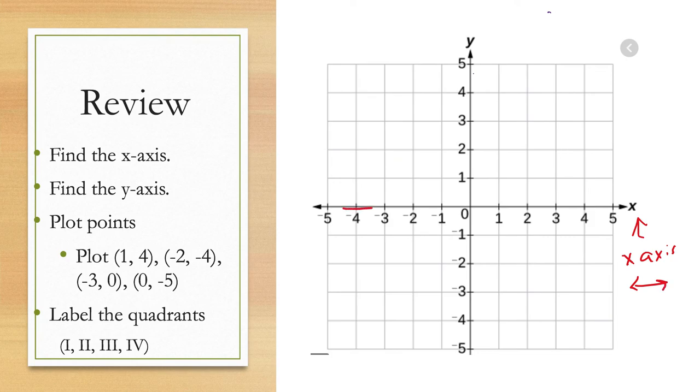So here is my x-axis on my graph. And my y-axis is labeled up here. Remember that your y-axis on a graph goes up and down. And so your y-axis on this particular graph is right here.